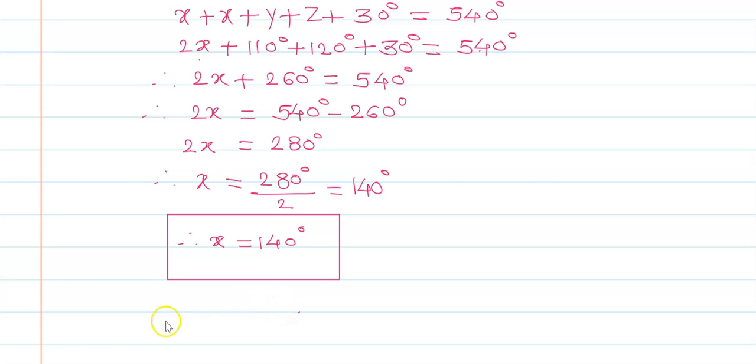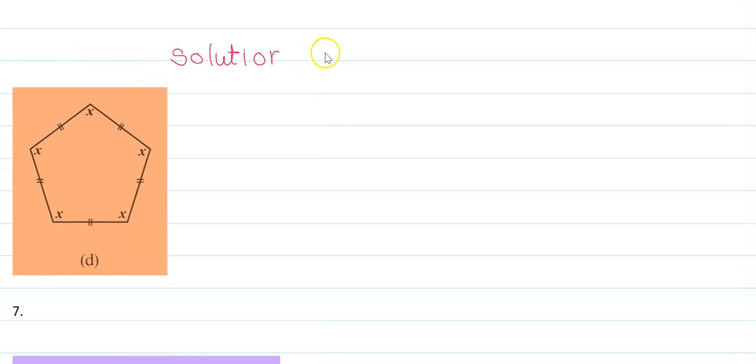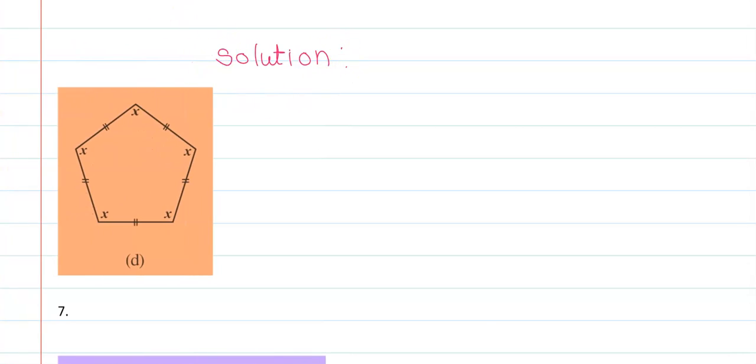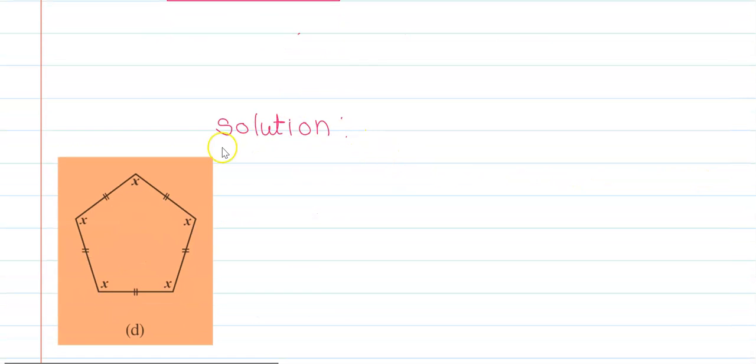Now the next problem. Find out the value of x. Again the solution. This is a pentagon, and again from this above example, what was the angle sum when n is equals to 5? It was the 540, and using this I will write here answer.